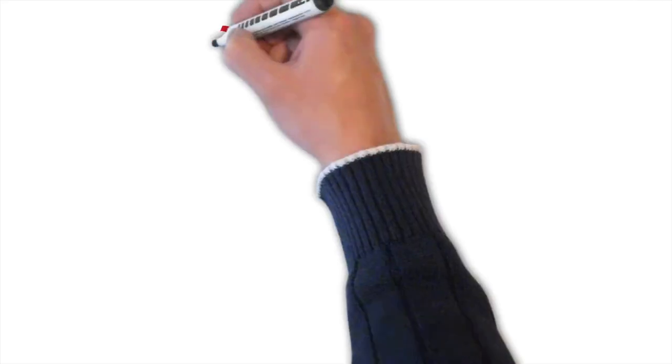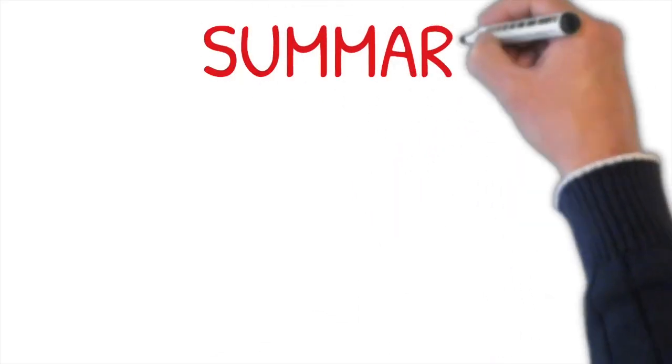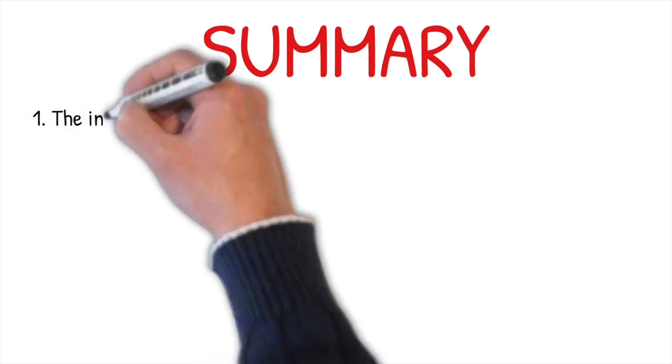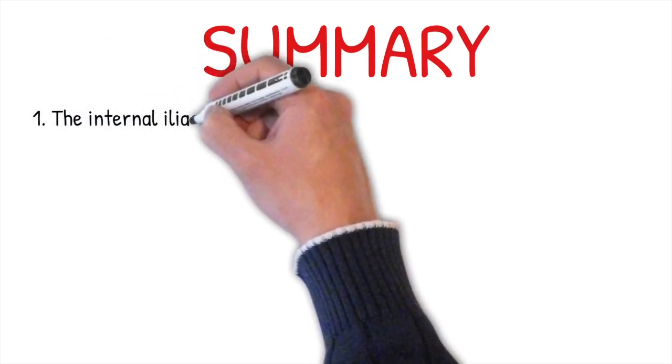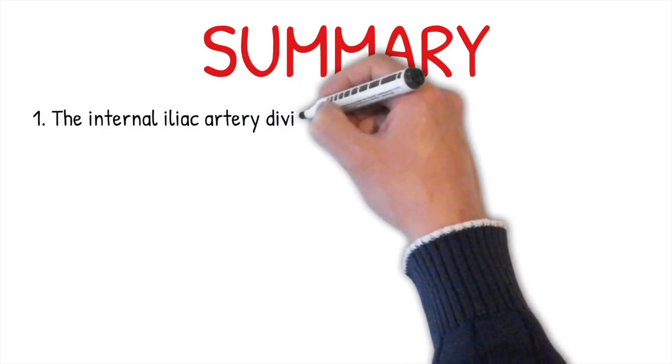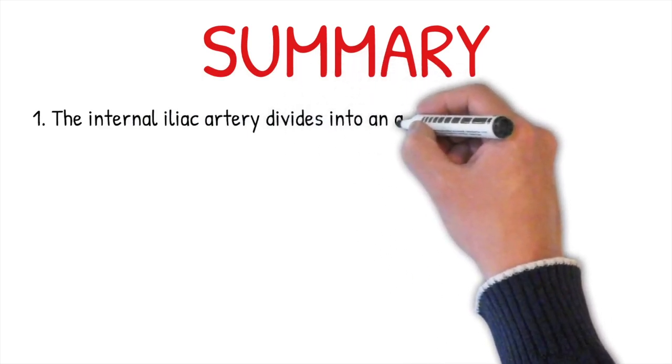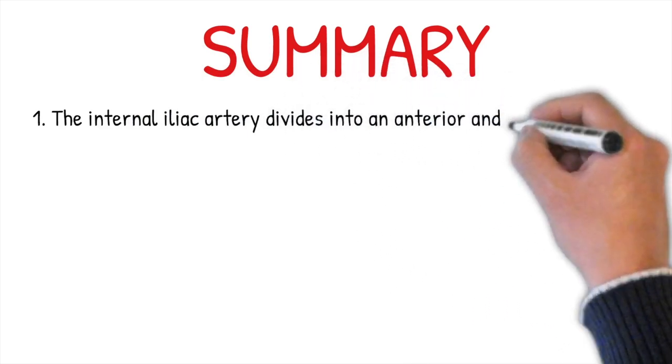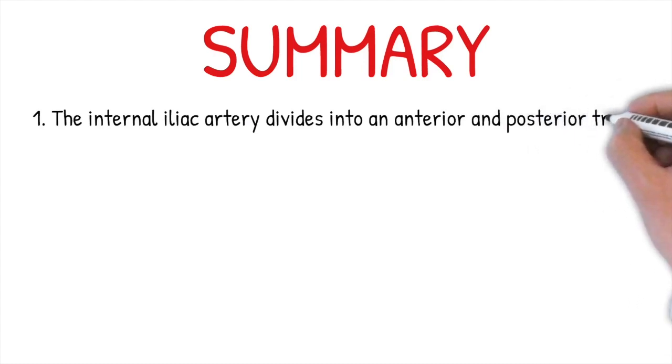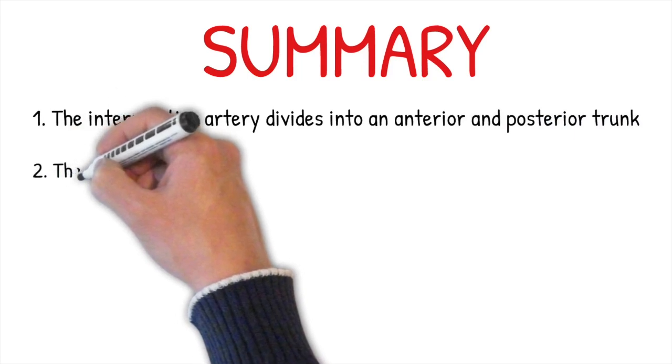Now here's a quick summary of what we've discussed. First of all, we must recognise that the internal iliac artery splits into two trunks, and those two trunks are the anterior trunk and the posterior trunk, the anterior trunk being the more complex of the two with numerous branches.